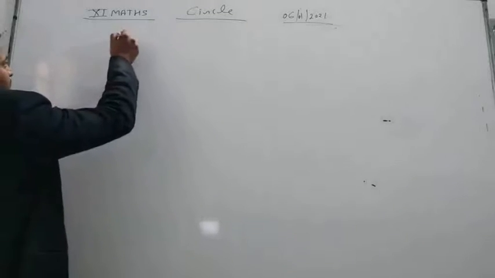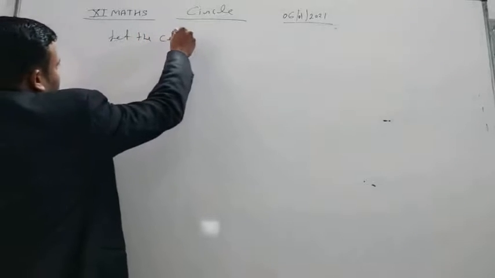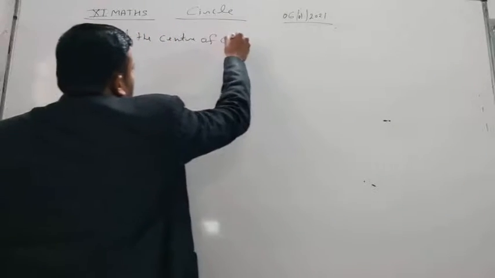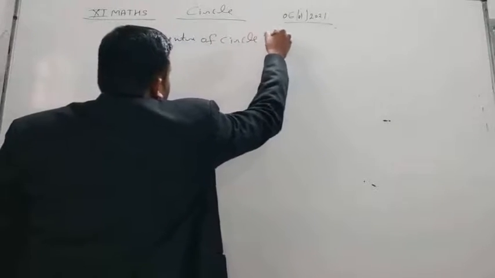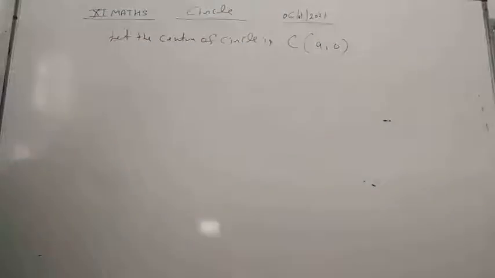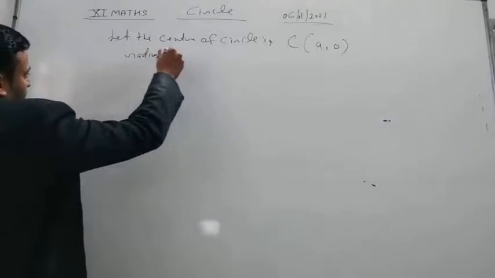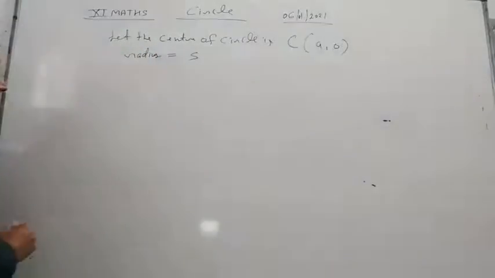So let the center of the circle be (a, 0), and the radius is given to us. Our radius is 5.